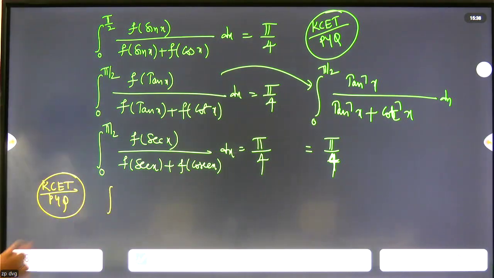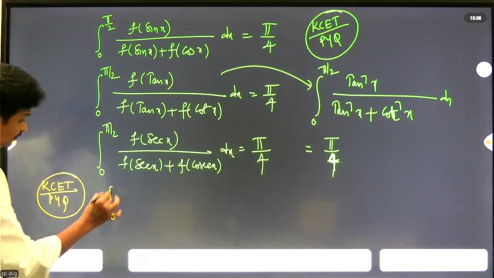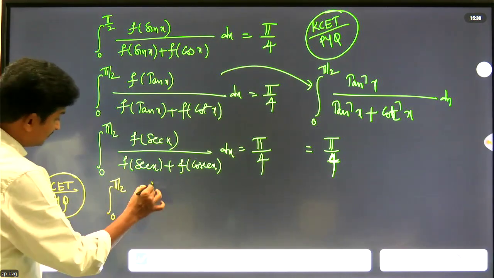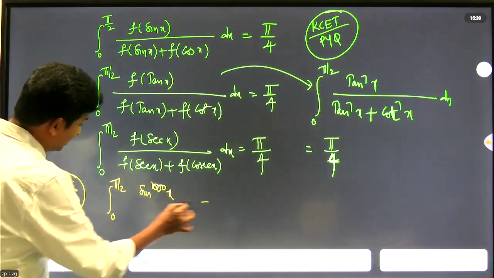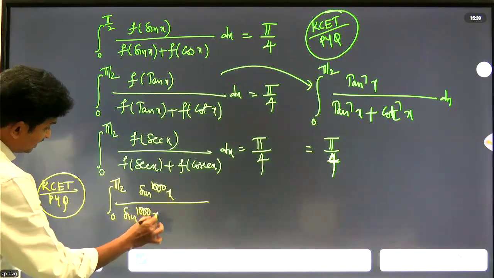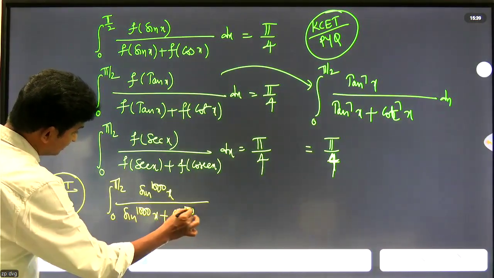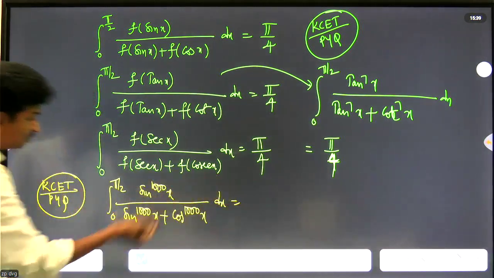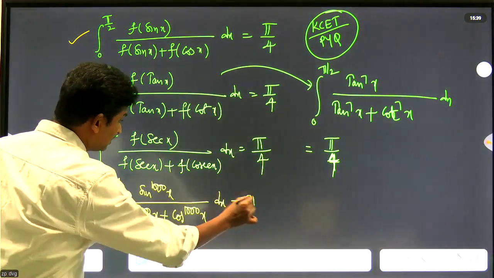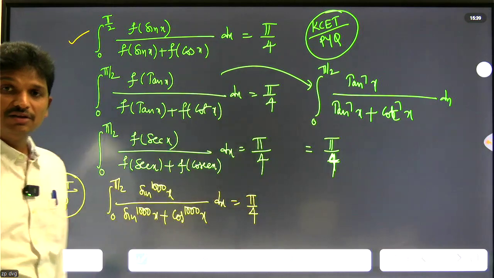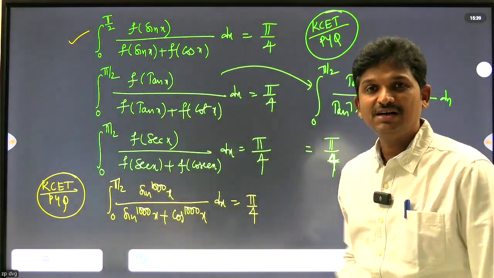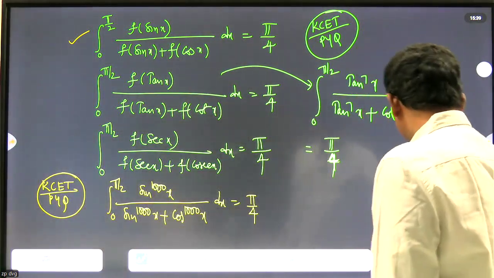The question is integral from 0 to pi by 2 of sin power 1000x divided by sin power 1000x plus cos power 1000x dx. If the problem is like this, it comes under this type. What is the answer? Answer is pi by 4. Don't do like this in board exams, right? These are all objective related tips.